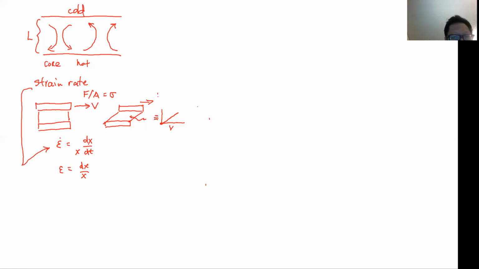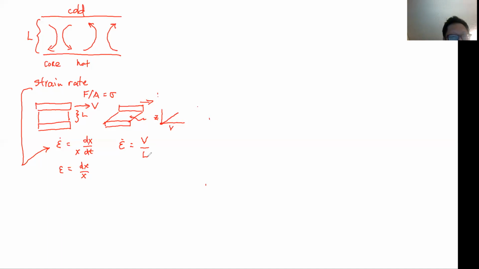Now the strain rate here is going to be equal to the velocity at the upper boundary divided by this whole thickness of my peanut butter, which we'll call L, when Z equals L. So that's the strain rate, okay?